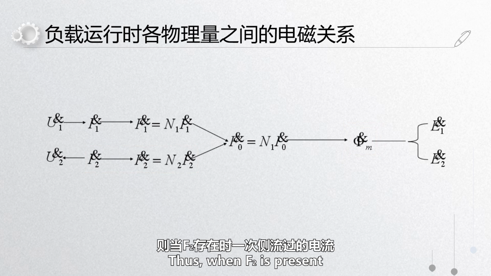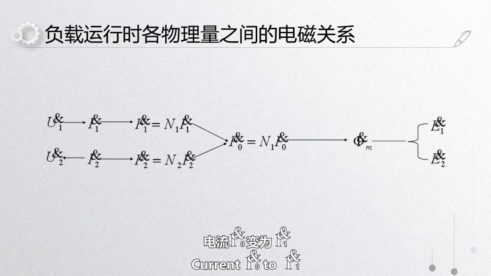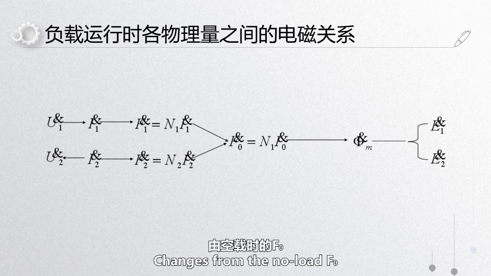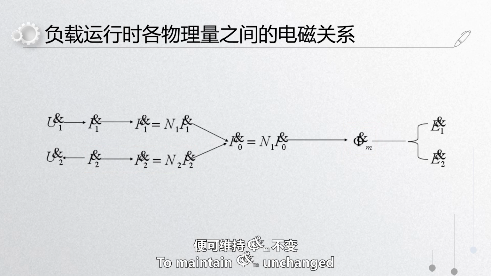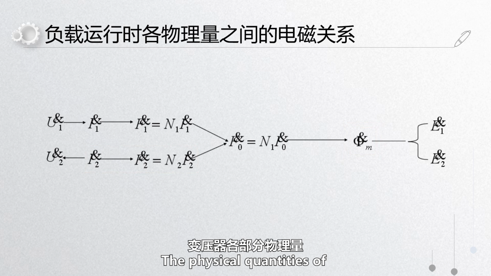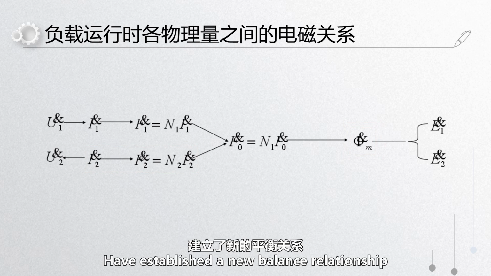Thus, when F2 is present, the current flowing through the primary side must change from the no-load current I0 to I1, and the magnetic force changes from the no-load F0 to F1. The added part of the primary magnetic force is used to counteract the secondary magnetic force F2 to maintain phi m unchanged. At this time, the physical quantities of various parts of the transformer have established a new balance relationship.